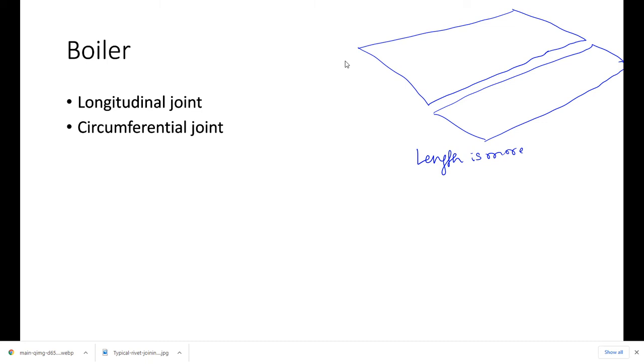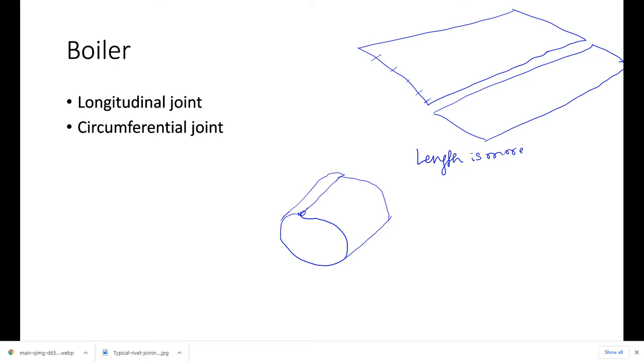Now where do you get a longitudinal joint and where do you get a circumferential joint? To form a cylinder, you need to wrap this into a circular form. That means you need to fold the entire sheet into a cylinder.